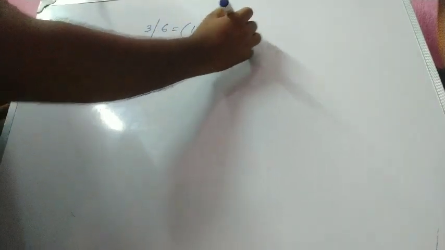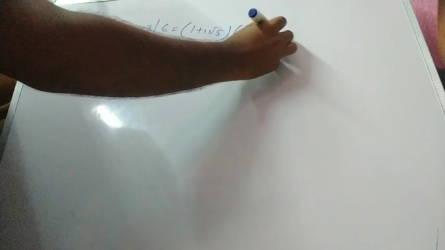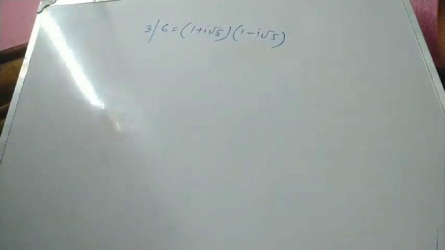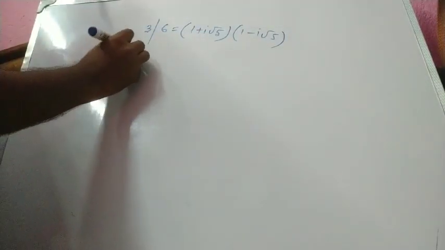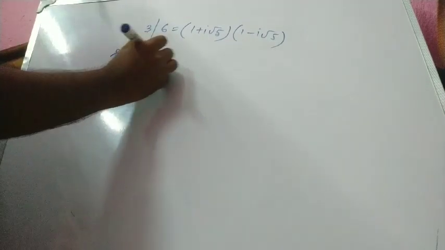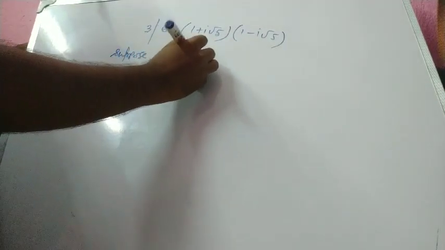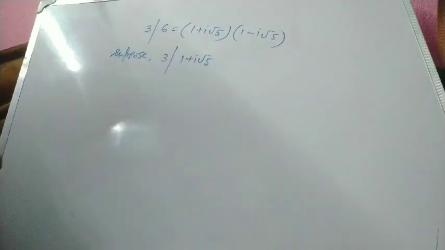It is clear that 3 divides 6, and 6 equals (1 plus i√5)(1 minus i√5). Suppose 3 divides 1 plus i√5.